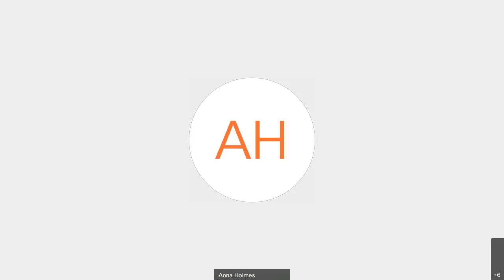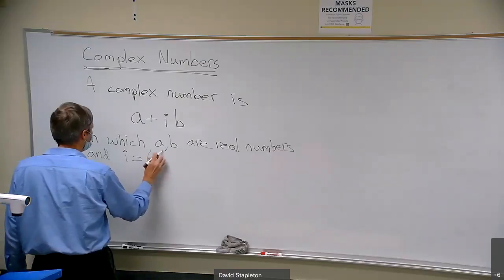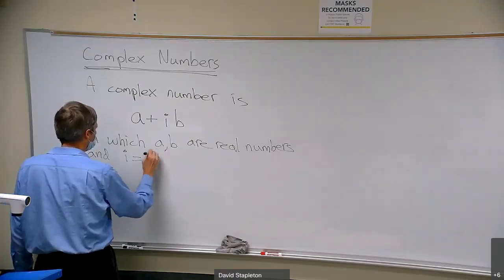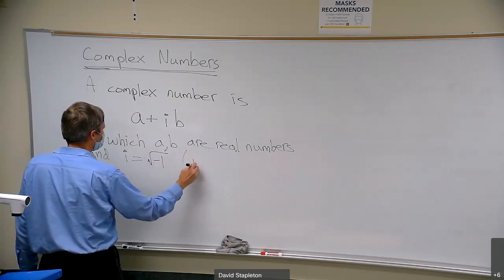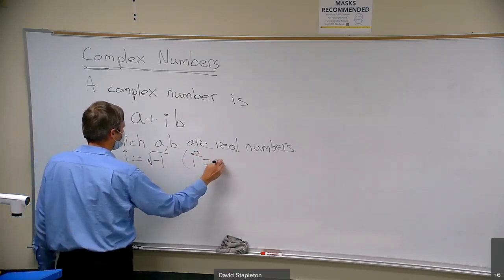And i, however, denotes the square root of -1, so that i squared is -1.